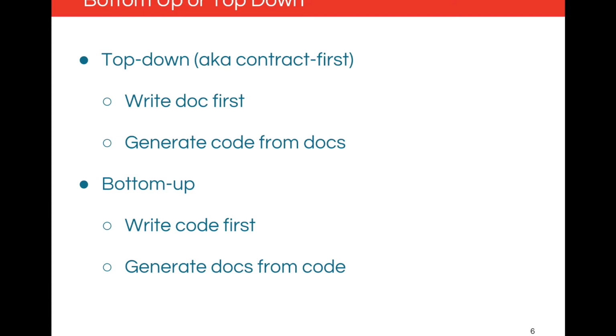The other approach is when you write your code first, or maybe you have your code already written at this point and you need to have documentation. Well, there's tools out there where you add a few annotations, and then you hit a button and they will automatically generate documentation that follows a specification. And once you have that documentation, you can apply a number of other tools and parsers to that.